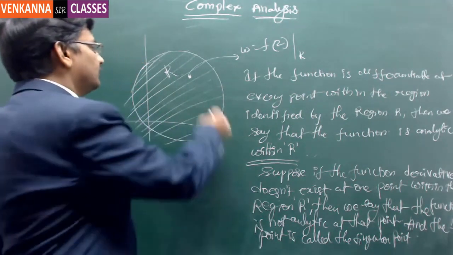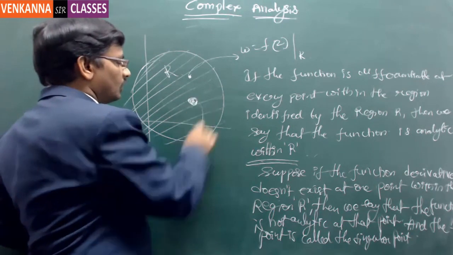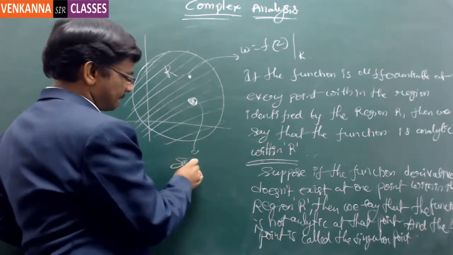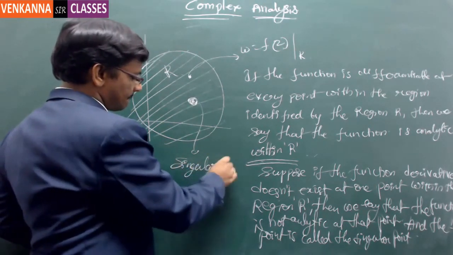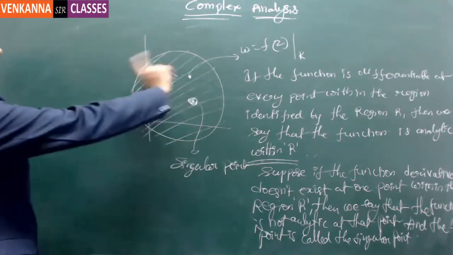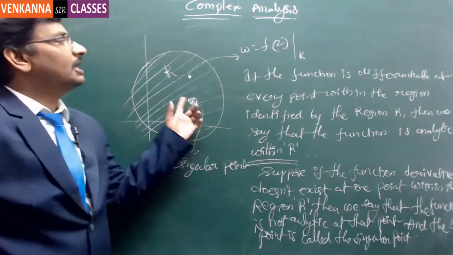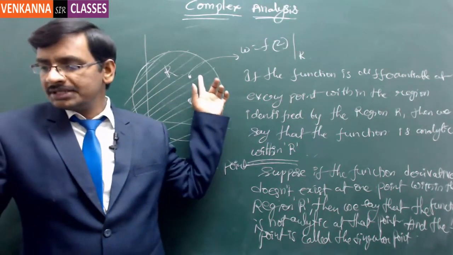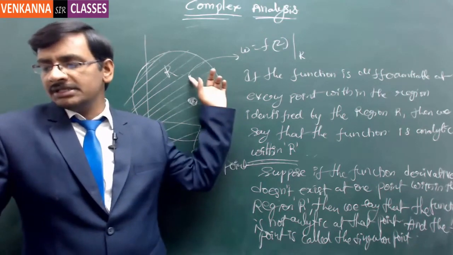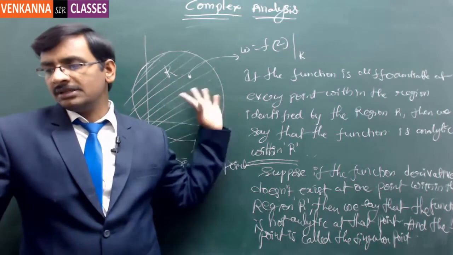So suppose the function derivative doesn't exist at this point, then this is the point of singularity. And the function is analytic in the entire region R except this point. That means the derivative exists for all the points within this region except this point. This point is a singular point and the rest of the region is an analytic region.